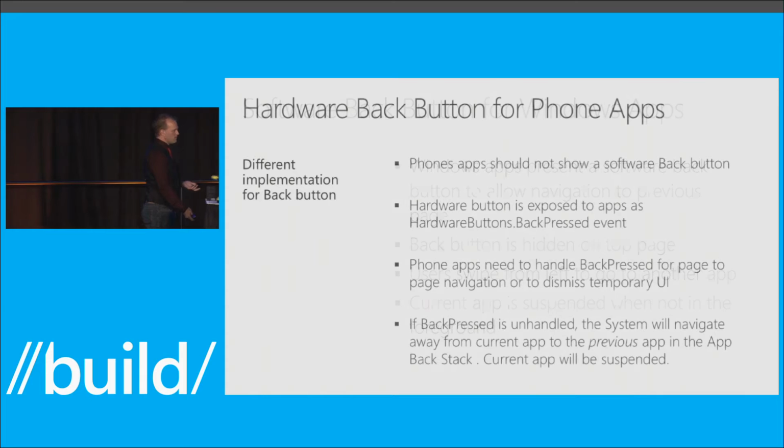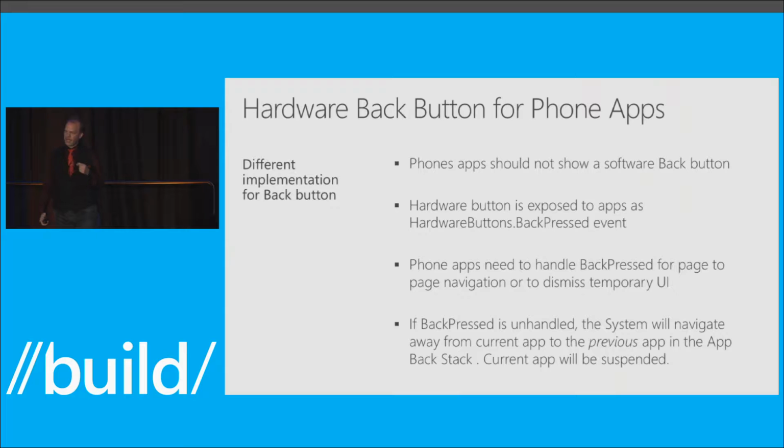So on the phone, the hardware button is there. All phones have a back button. Even, and this can sound a bit strange, even phones without hardware buttons have a back button. Phones that come out with no buttons on them basically have what we call a software steering wheel. And in that steering wheel, there is the home button, the search button, and the back button.